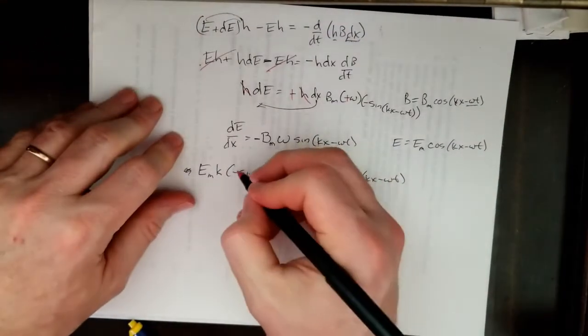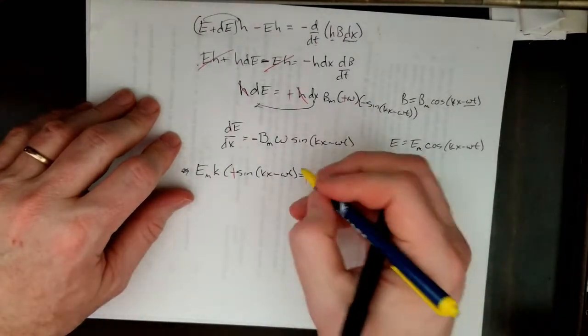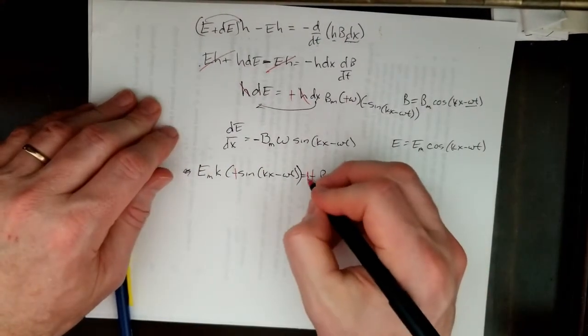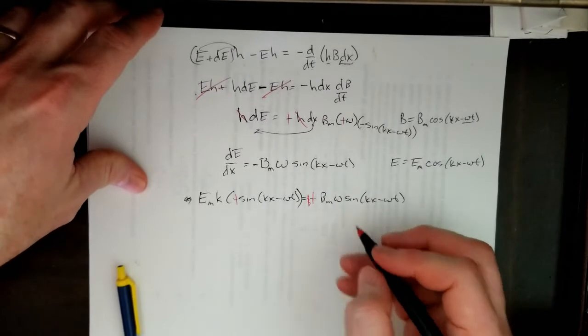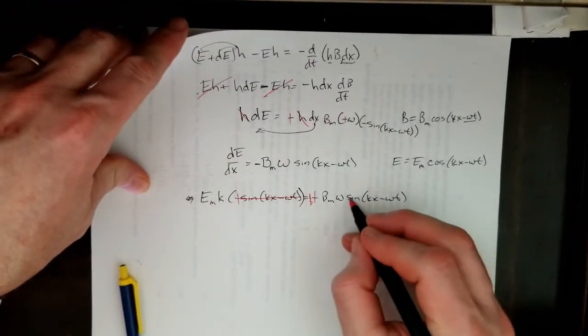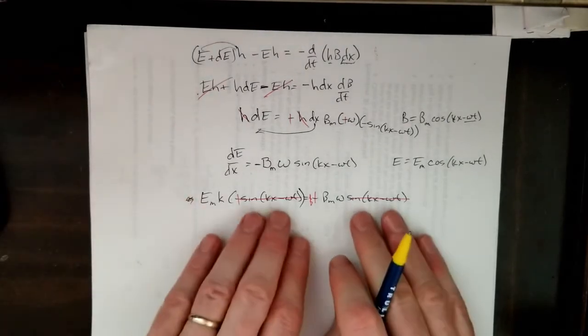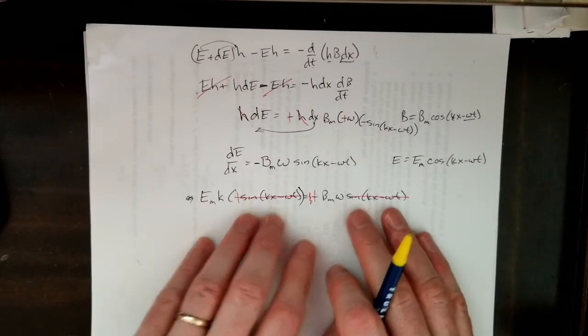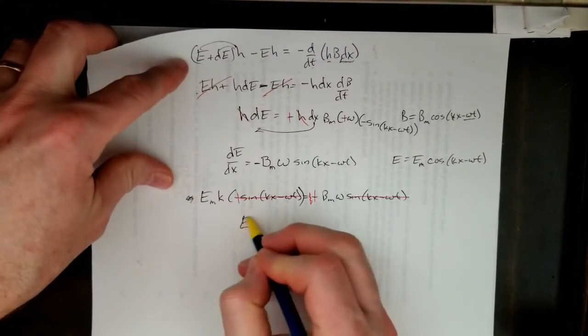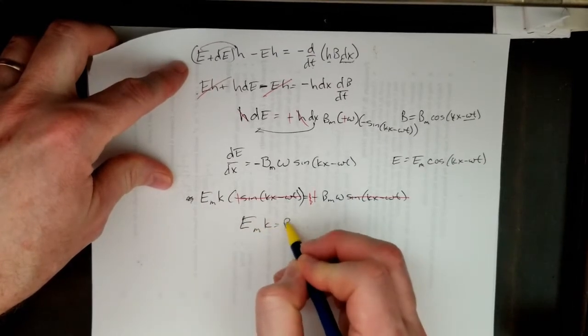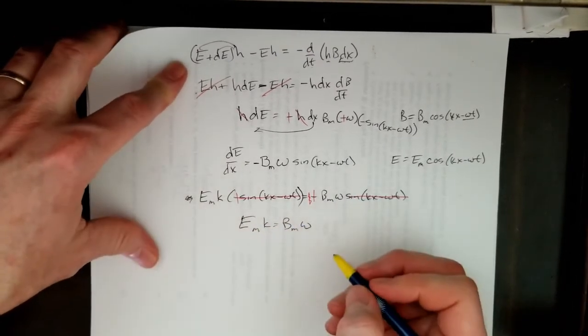Well, my minus signs cancel. Sine of kx minus omega t we can get rid of. Or we could say, if this is always true, the coefficients are always the same. So Em k is equal to Bm omega.